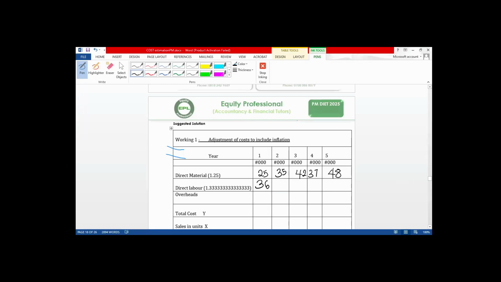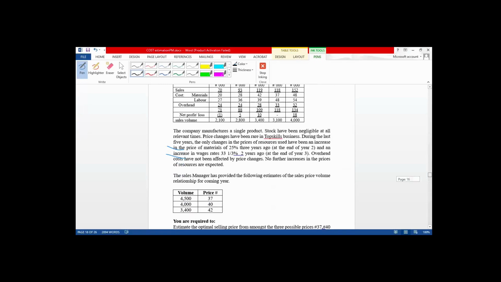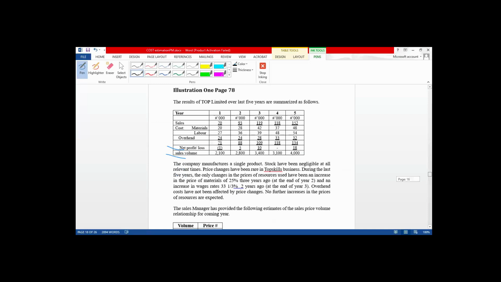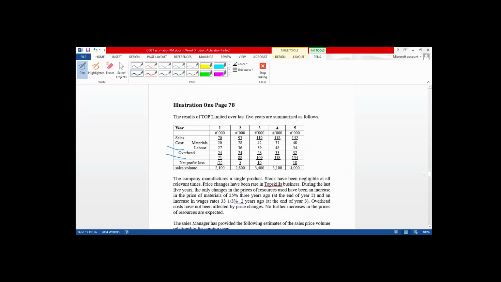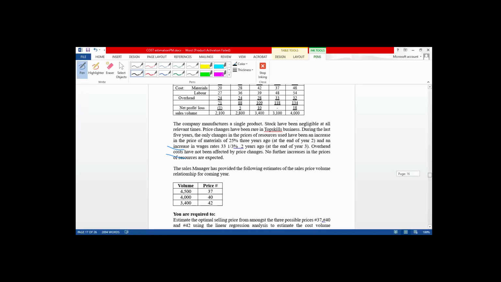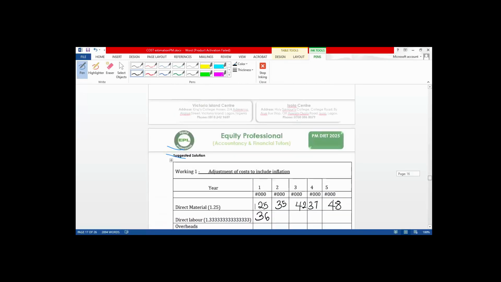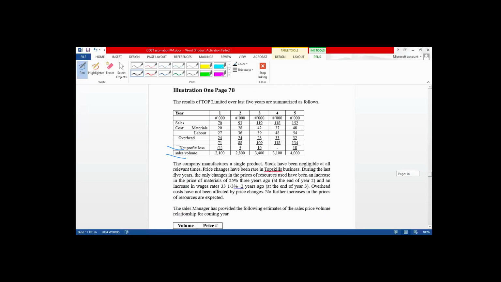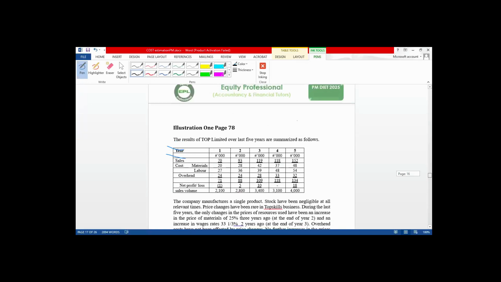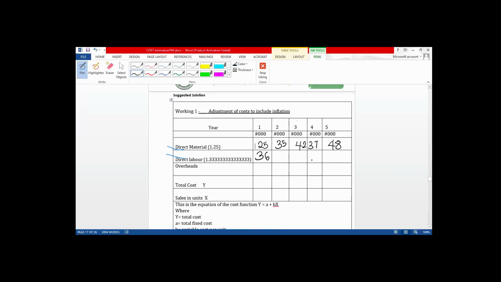Exactly. Go to year 2. We have 36. Increase by 33.13%. Do not round up the figure. What do you have? Yes, please. 48,000.